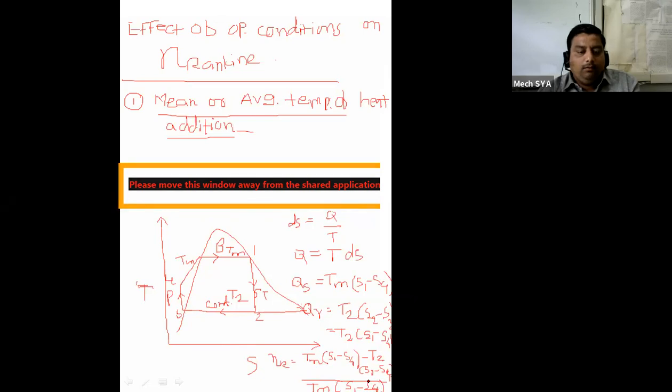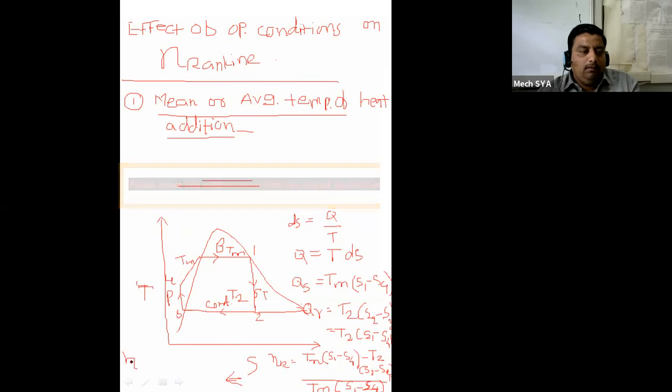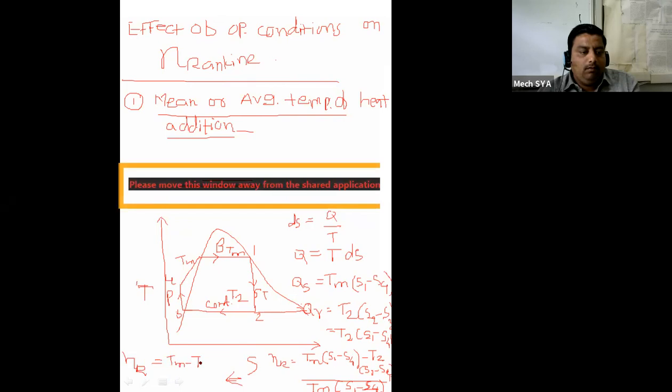This S1 minus S4 will get cancelled. And this will become what? The final answer we get here: eta Rankine is equal to Tm minus T2, divided by Tm.